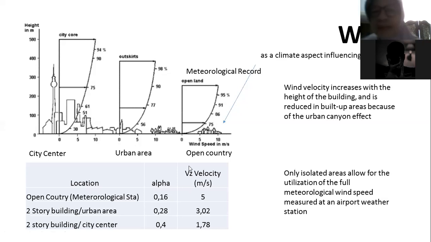Only isolated areas allow for the utilization of the full meteorological wind speed. If the building is in an isolated area, a freestanding building, then we can use the meteorological wind speed recorded by the meteorological station.